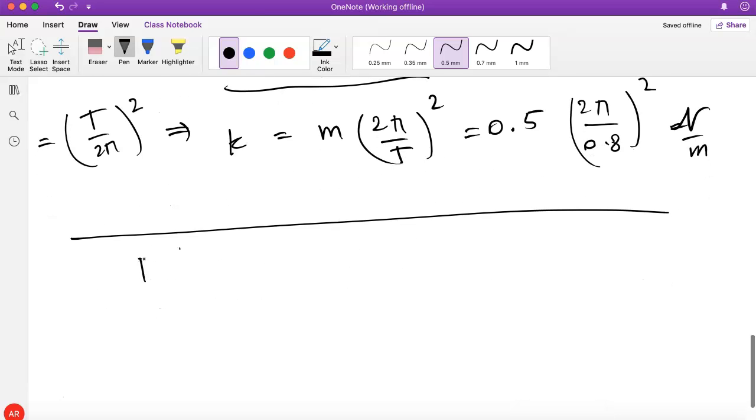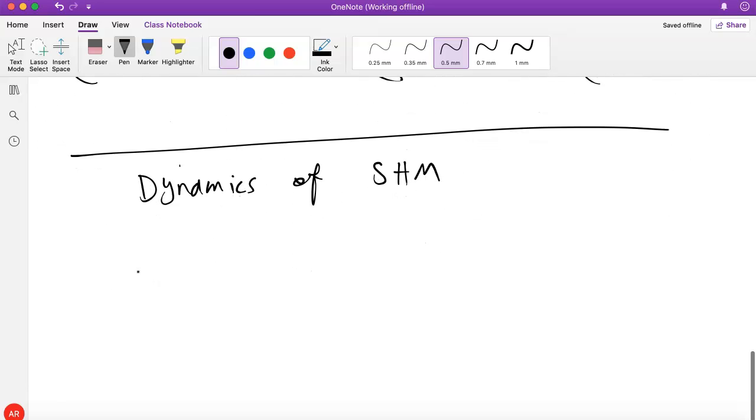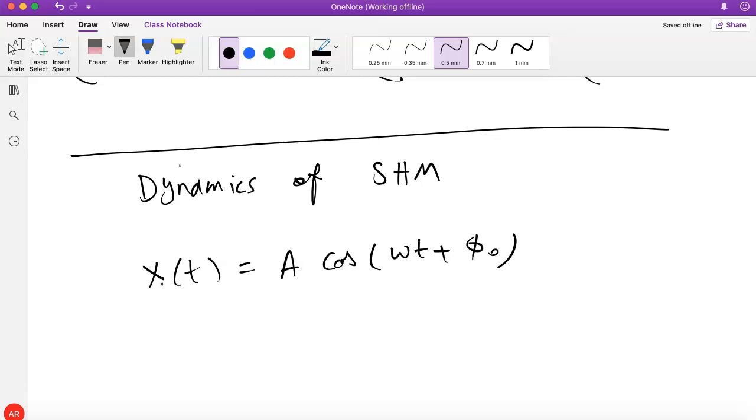So let's say dynamics of simple harmonic motion. The kinematics was x of t is a cosine omega t plus a phase constant. Velocity was the derivative of this, minus a omega sine, right? The derivative of cosine is minus sine.